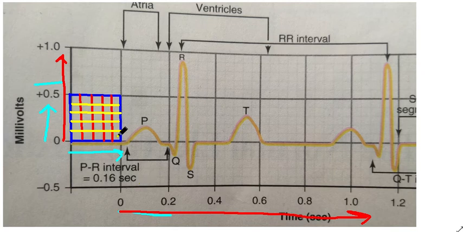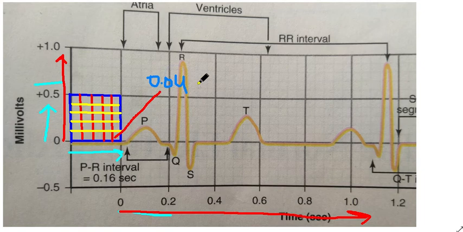If one large box in the horizontal direction is 0.2 second, then one small box will be 0.04 second. So one small box in the horizontal direction is equal to 0.04 second.